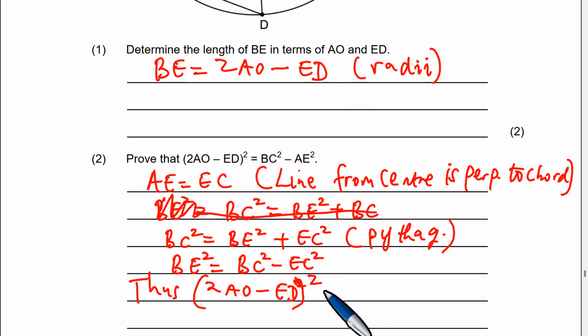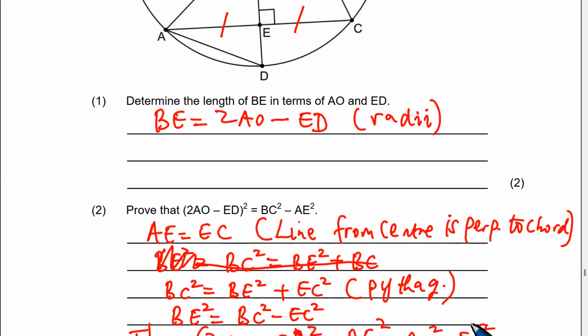So we have BE squared, which is then equal to this. Right. So it is exactly equal to BE squared is BC squared minus EC squared.